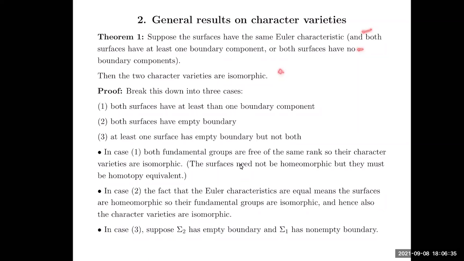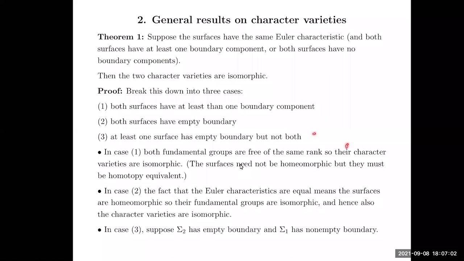So this breaks down into three cases. First, the case where there's at least one boundary component. Second case is where there are no boundary components, both surfaces are closed. And then there's the case where at least one surface has empty boundary, but not both.